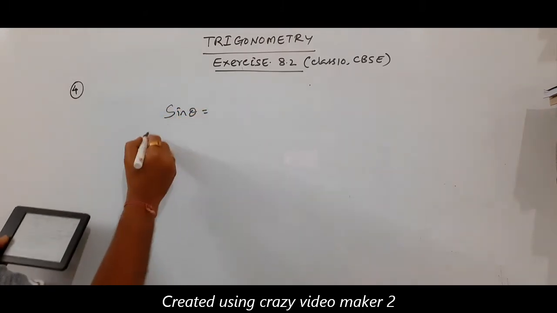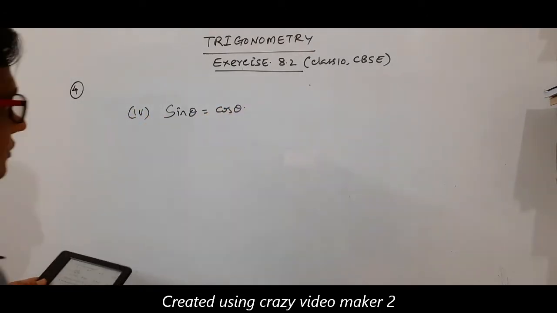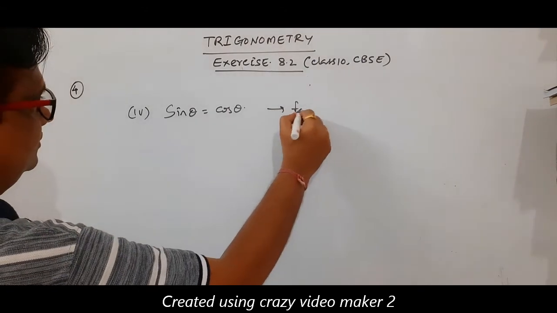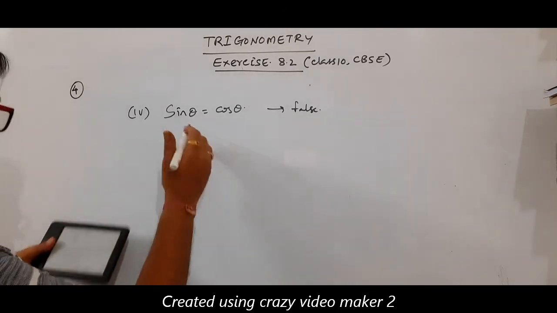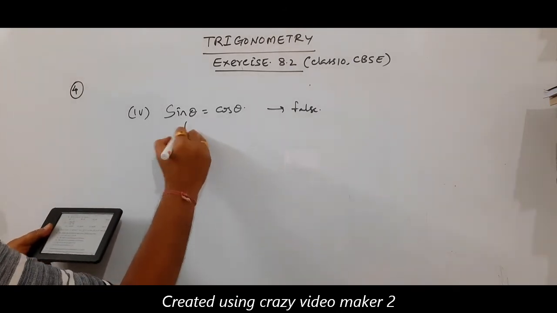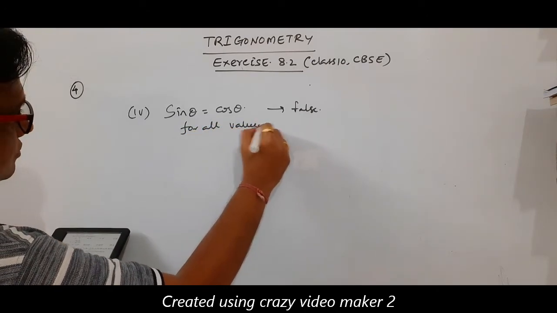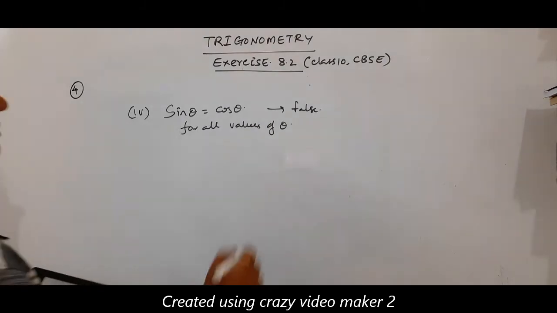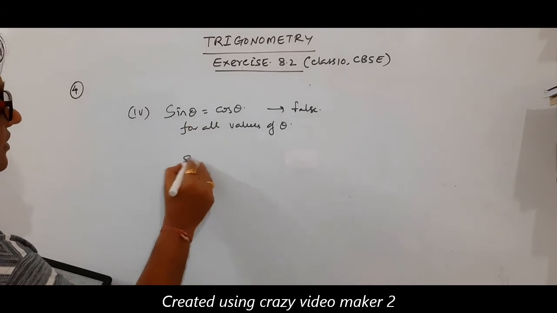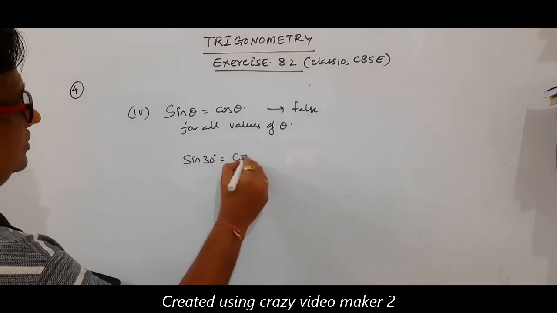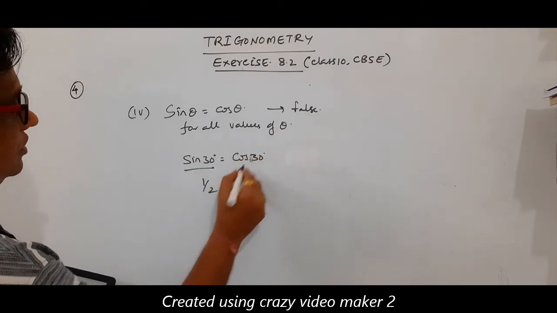For all values of theta it is purely false, because if theta is 30, for example, sin 30 means 1 by 2, cos 30 means root 3 by 2.